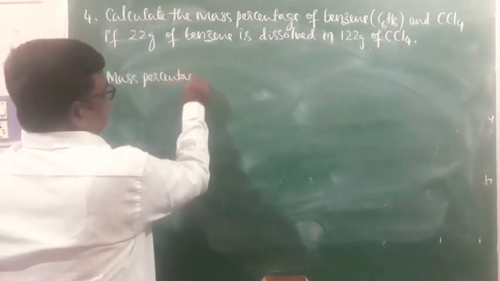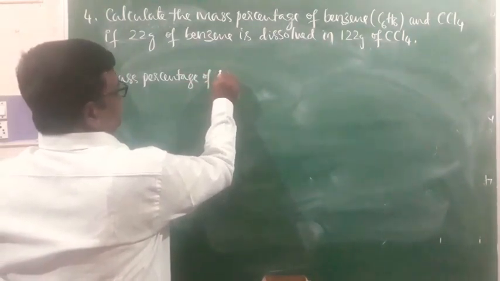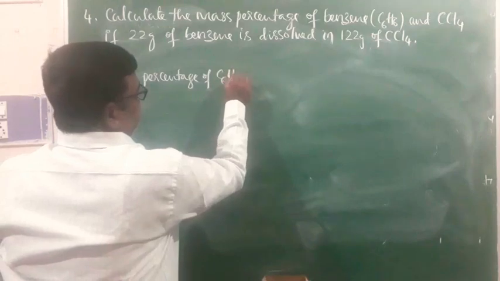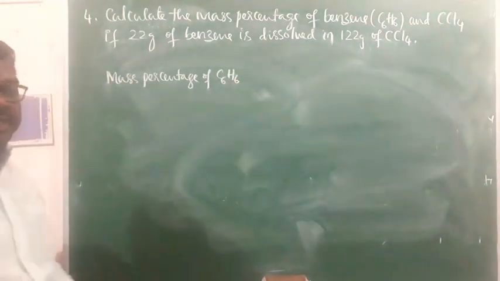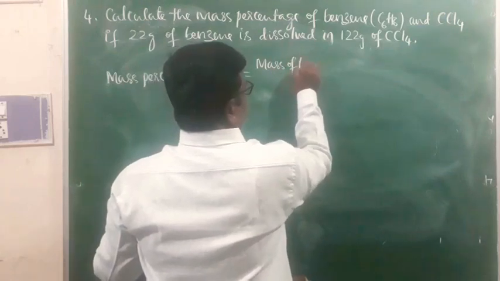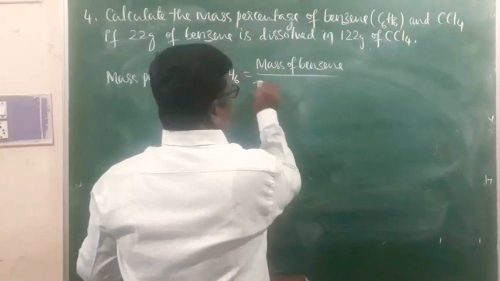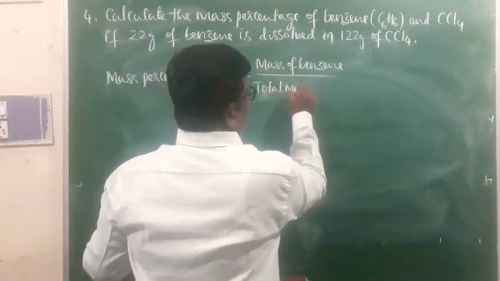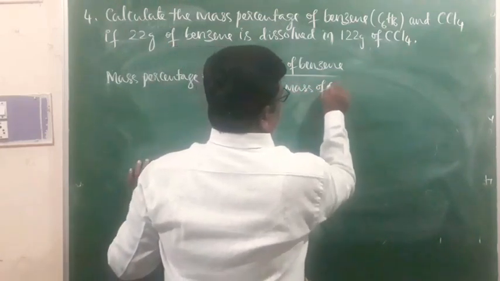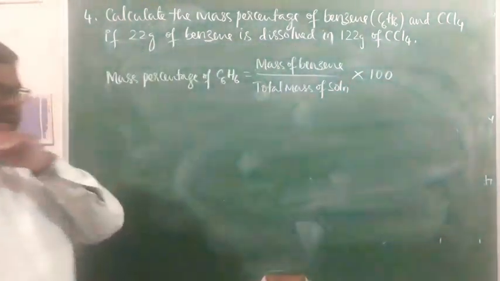Mass percentage of benzene, that's equal to mass of benzene divided by total mass of solution into 100. This is the formula.